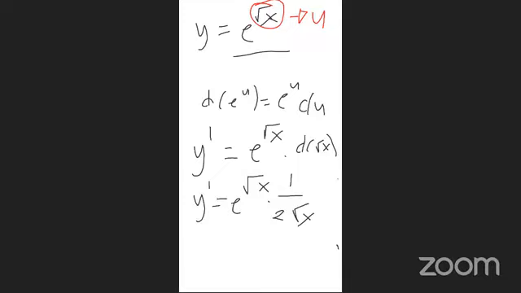Again, our u is the square root of x, and the derivative of e raised to u is e raised to u times the derivative of u. So y prime is equal to e raised to square root of x times 1 over 2 square root of x. That is the answer.